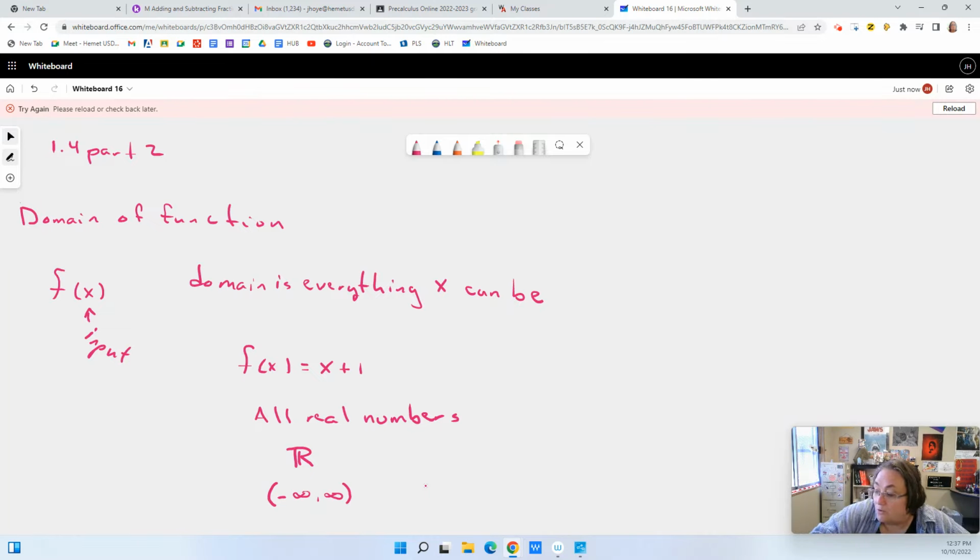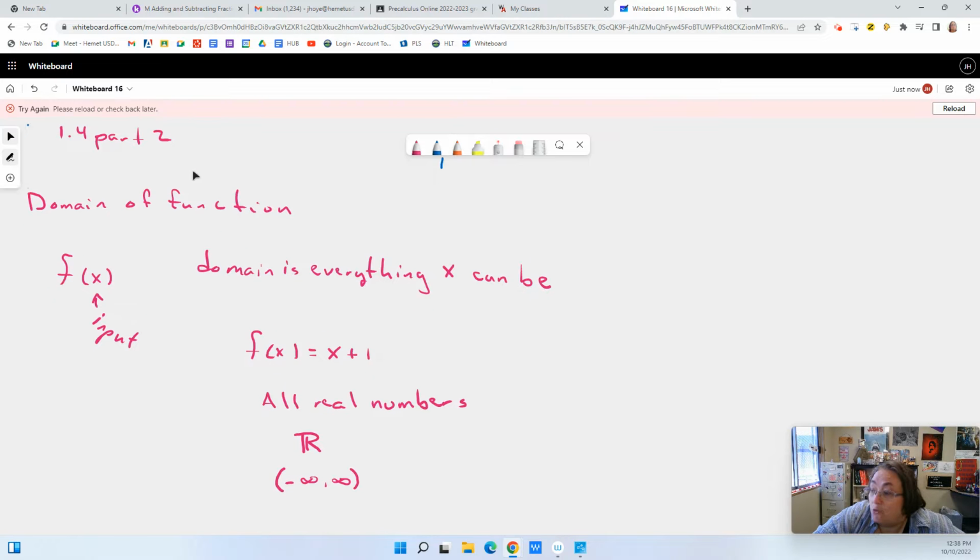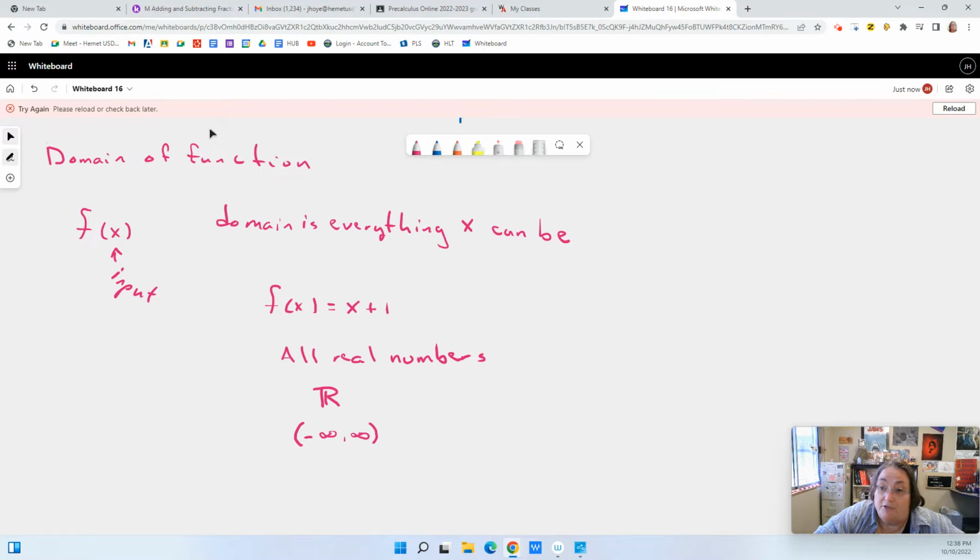So we're going to look at things where the domains might not be all real numbers. Because what you're going to be asked in your homework for part of it is to find what the domain of a certain function is, right?